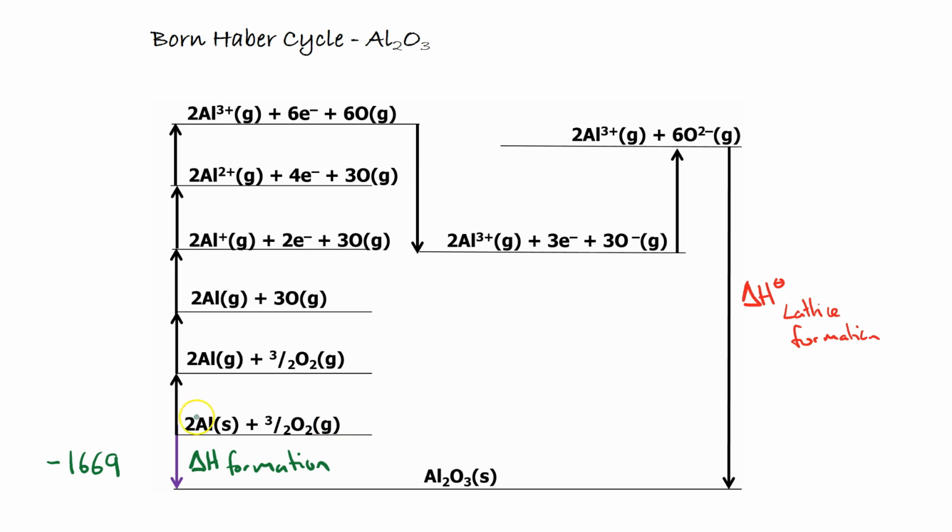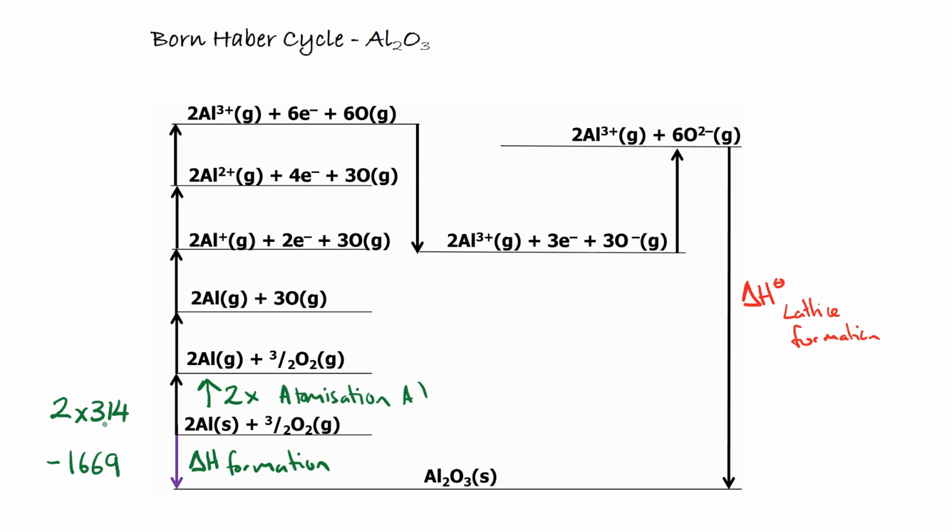And here we're then looking at turning the aluminium solid into an aluminium gas. Now, this is the atomization of aluminium, but notice that we have 2 aluminiums, so we require to multiply this by 2 times the atomization of aluminium. So this has got a value here, the atomization is 314, so we're 2 times 314 for this step.